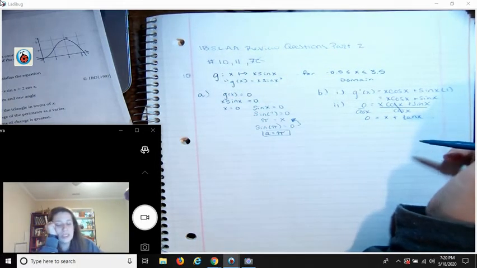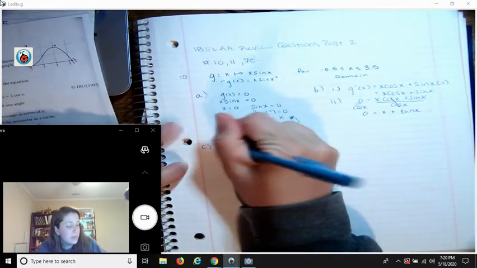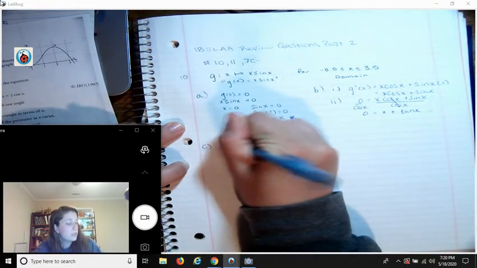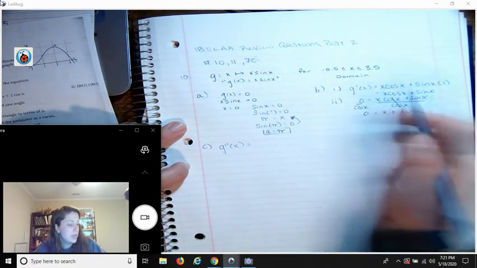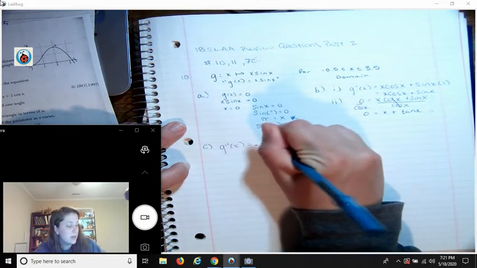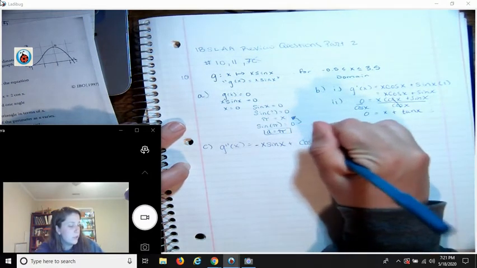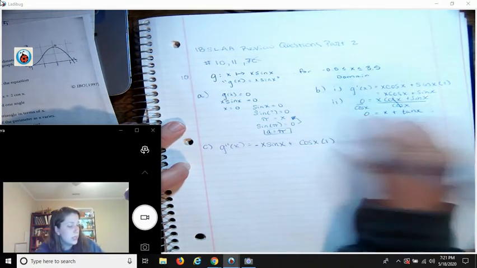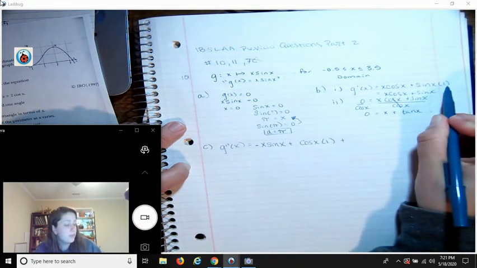Now in part C, it says show that the second derivative is that. So part C will come down here. So I want to take this and I'm going to take the derivative again. So I'm going to need the product rule right here. So first, x times the derivative of cosine, which is negative sine, plus the second thing, which is cosine, times the derivative of the first, which is just 1, and then plus the derivative of this thing, the derivative of sine, which is cosine.